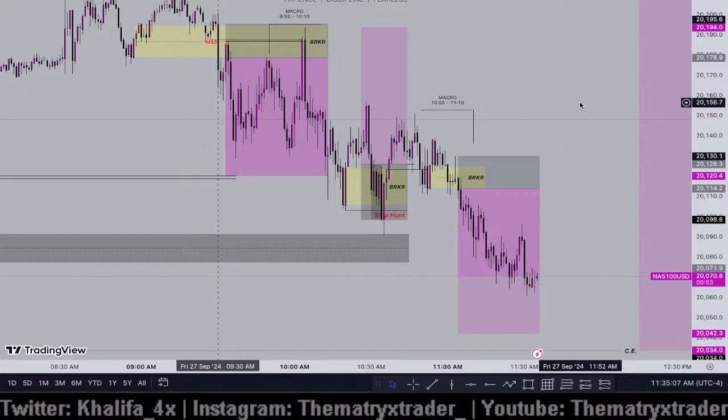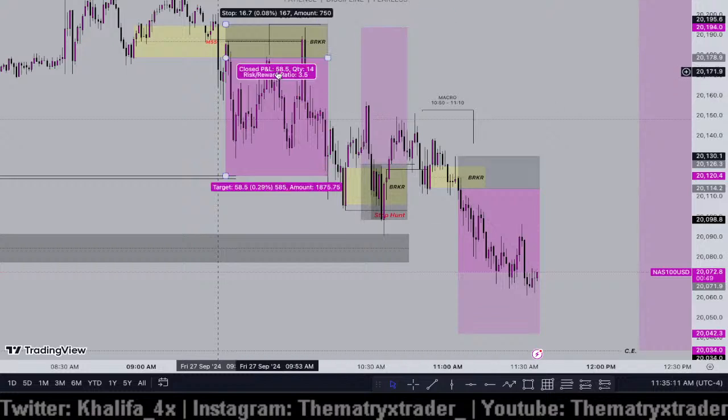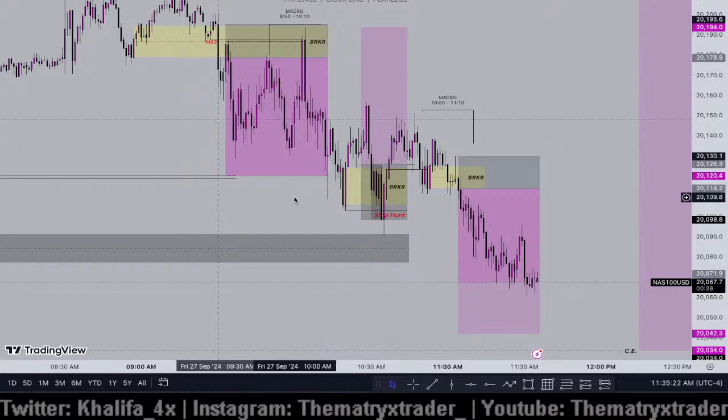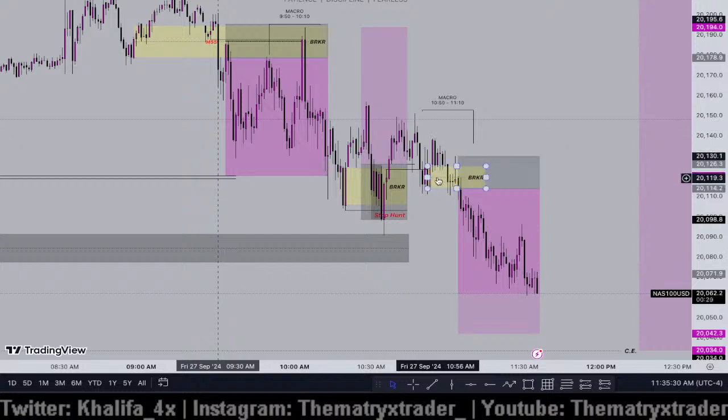These are the two things that happen in the macro. If we are right on the bias and we already took an entry before the macros, there is a potential that we're going to get a second entry within the macros. And see, this is what happened. Same with the 10:50, 11:10 macros.